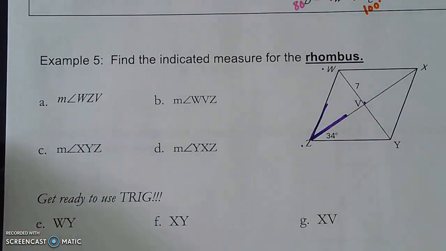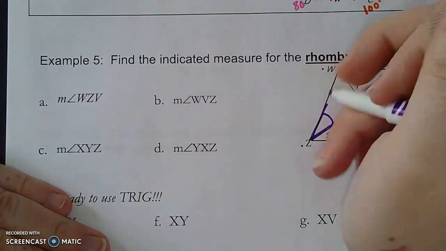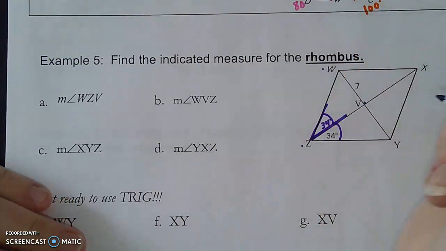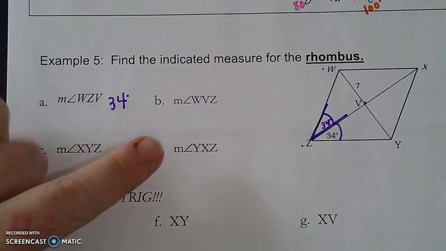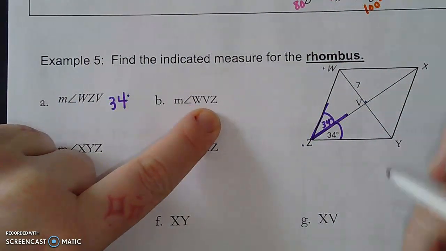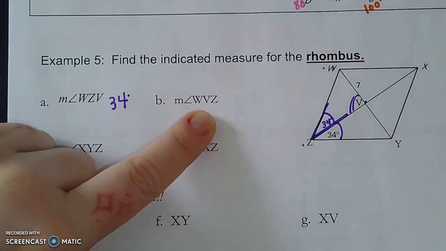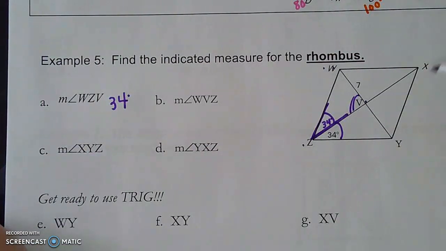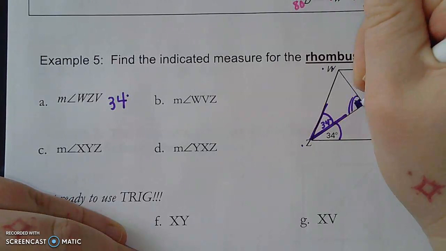I know that if this is a rhombus, this angle and this angle are congruent. So that is 34 degrees. Next, WVZ is this angle right here. Since this is a rhombus, this is going to make a 90-degree angle.